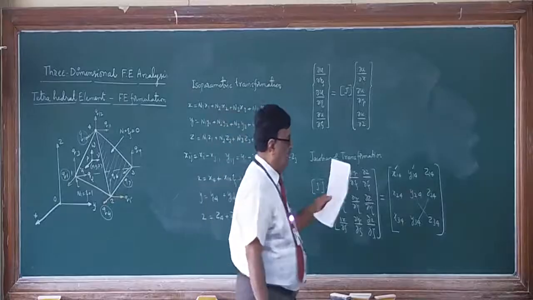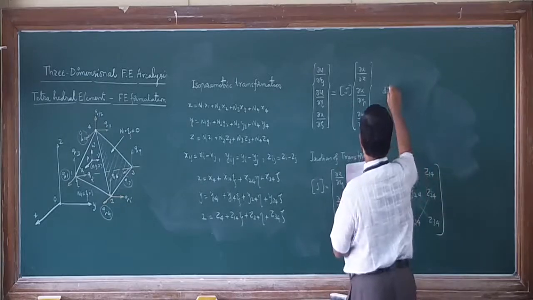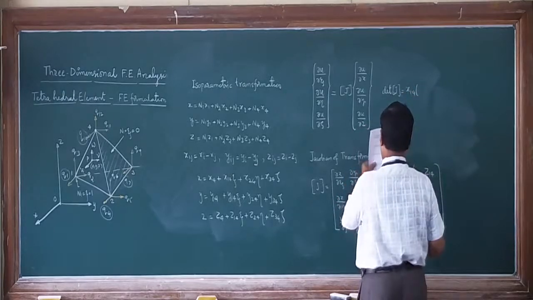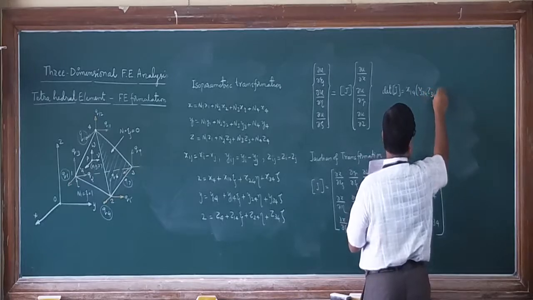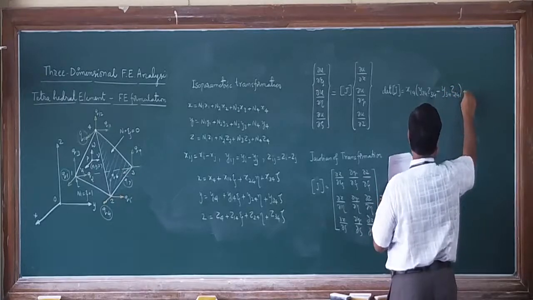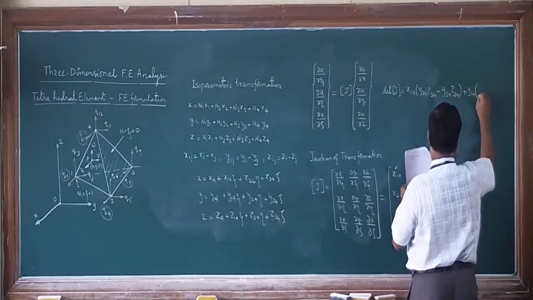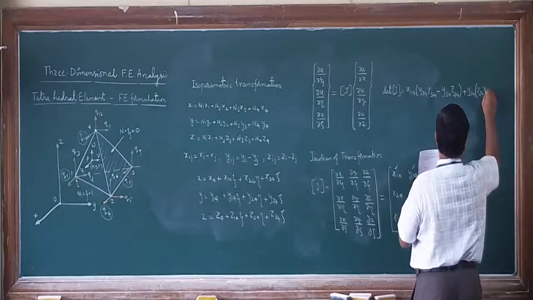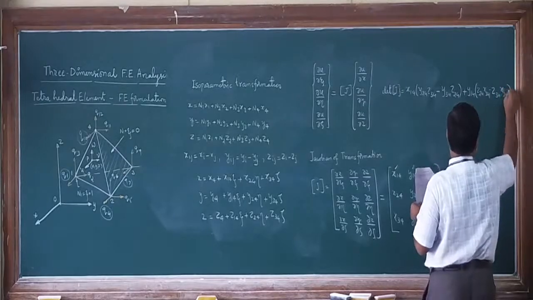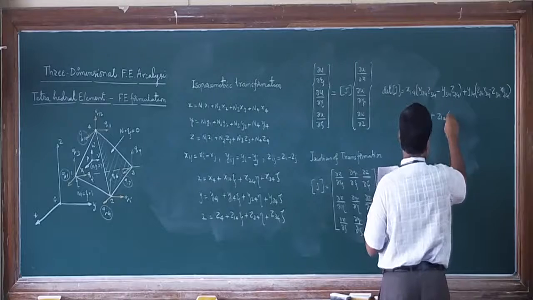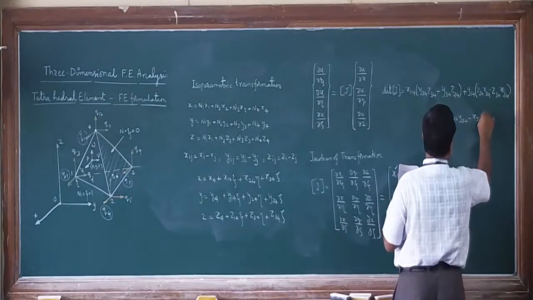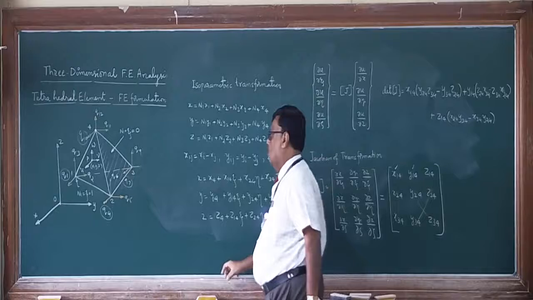So let us quickly write the determinant of J. It is equal to x14 into bracket y24 z34 minus y34 z24, plus y14 into bracket z24 x34 minus z34 x24, and lastly z14 into bracket x24 y34 minus x34 y24. So this will give you the determinant of the Jacobian matrix.